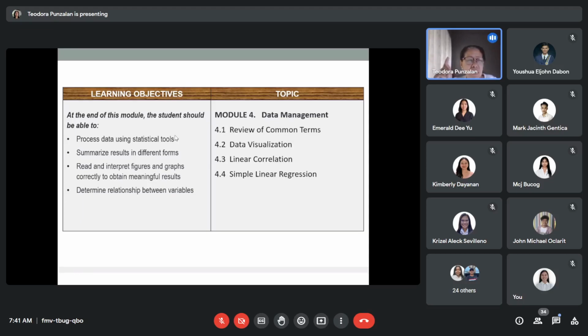So you just feed the numbers into their formula, and after a few seconds, you just click and you'll see the value for chi-square. There are so many statistical packages and calculators that will allow us to do certain computations and get the results in just a few seconds.